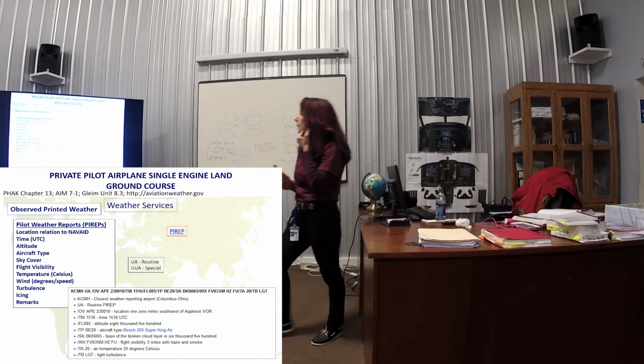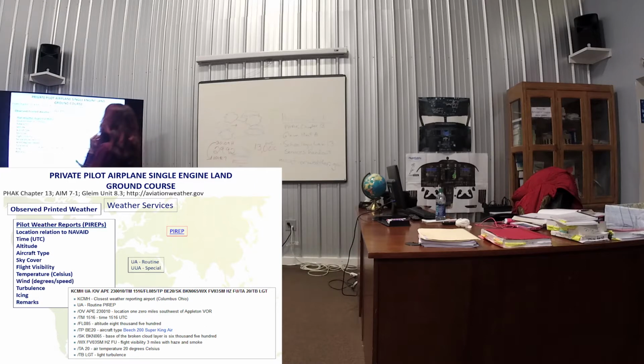Let's go through what it is. If you are reading a PIREP, the controller that you're reporting to is either going to do a UA or UUA. When you're reading it, if it's a UA, it's routine. Someone like me is out there doing a cloud report. UUA will be turbulence.